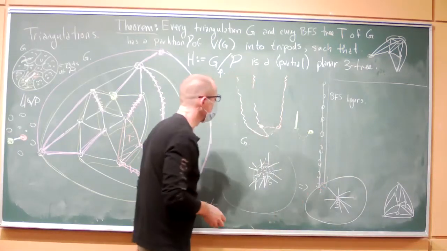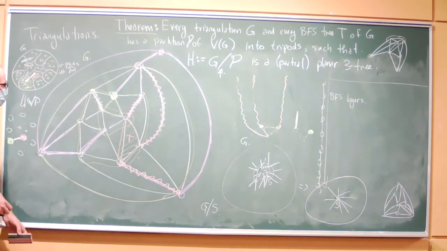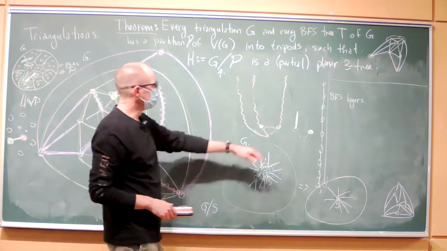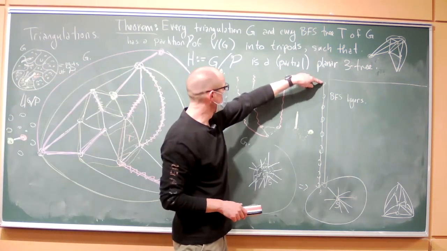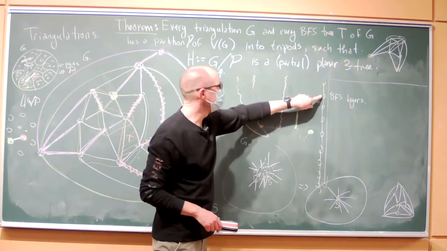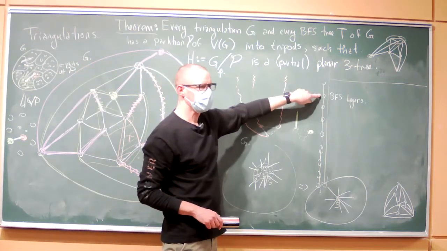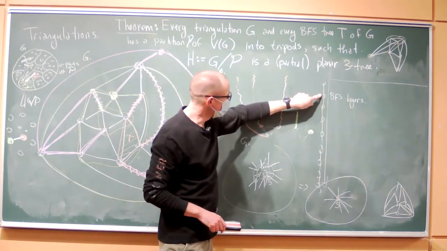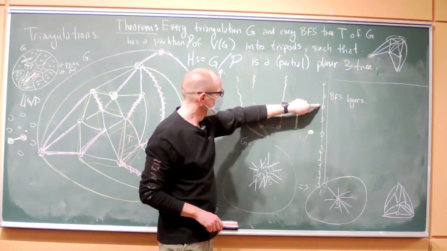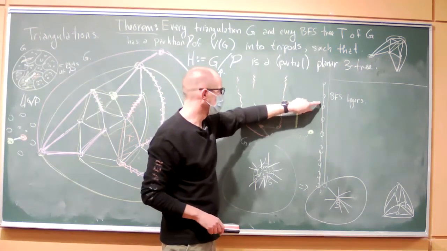So what do BFS layers look like? Well, BFS layers are just the obvious things. There's a layer 0. There are things in layer 0. In this case, it's just one thing. Then there are things in layer 1, which could be adjacent to things in layer 0. And then there are things in layer 2, which could be adjacent to things in layer 1, and so on.